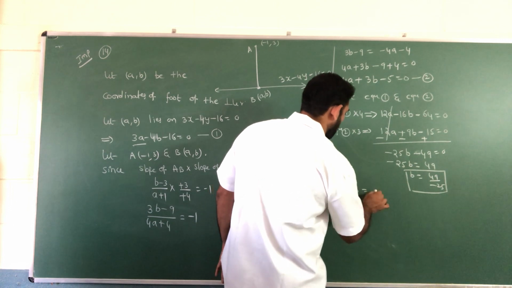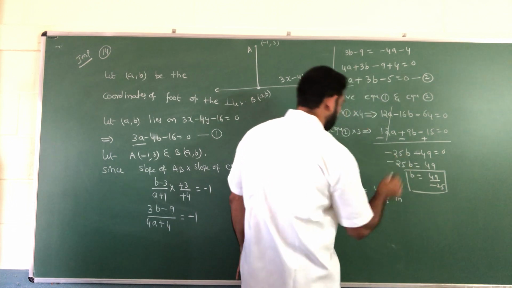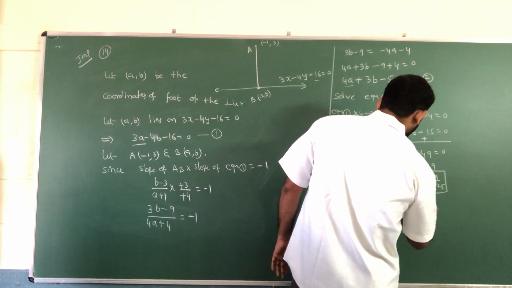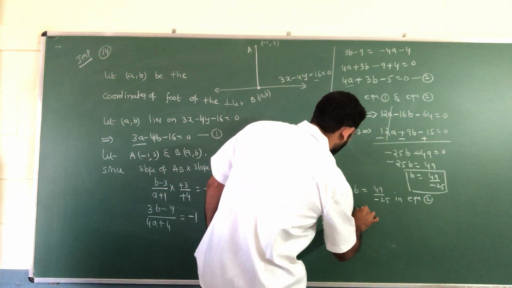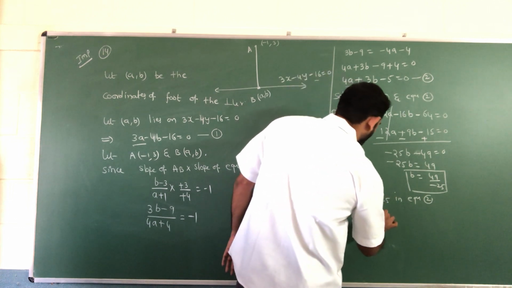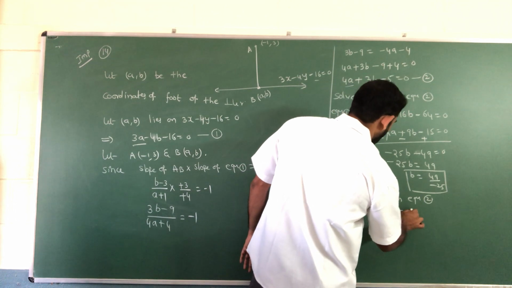Put b equal to 49 by minus 25 in any one equation, say equation number 2. See that simplification: 4a plus 3 into 49 by minus 25 is equal to 5.